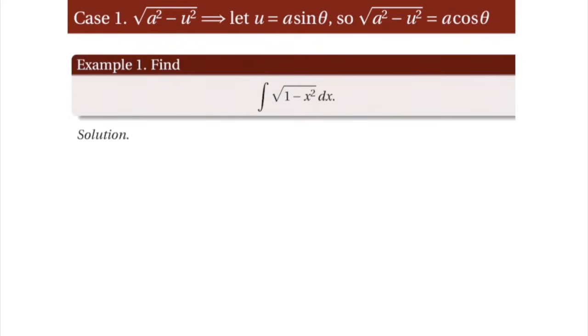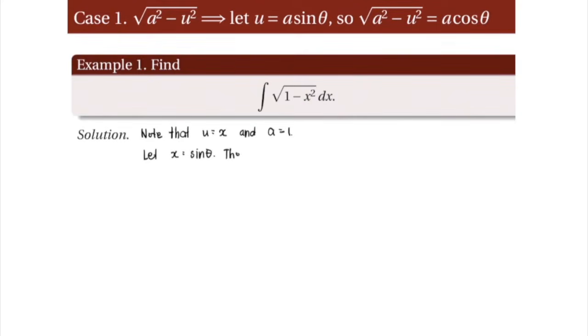Note here na yung u natin is actually equal to x, and yung a natin is equal to 1. So, that means here na we let x, this is u, equal now to a, which is 1, multiplied by sine theta. So, again, yung theta natin dito is from minus pi over 2 to pi over 2.